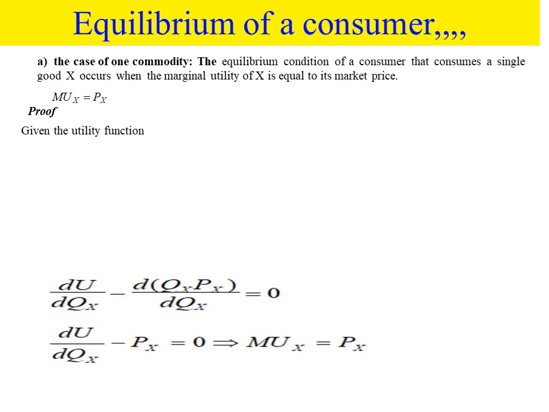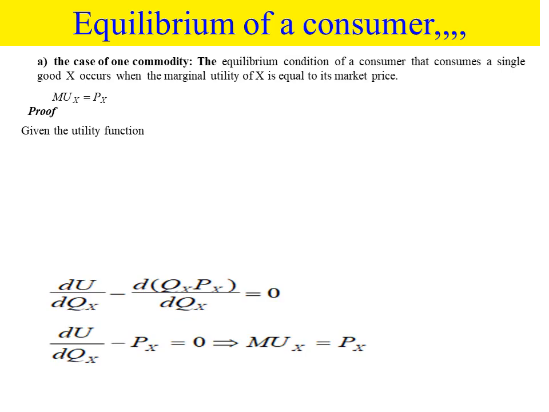This compares our utility with our expenditure. If you incur $10, you have to get the utility of 10 utils. The utility measurement unit is utils, according to the cardinalists.